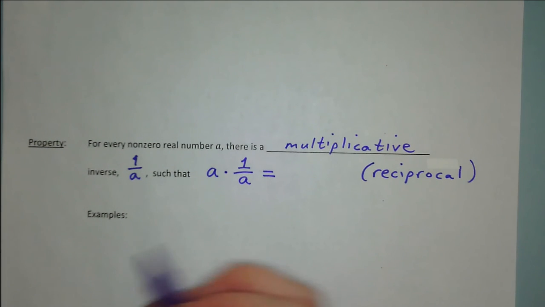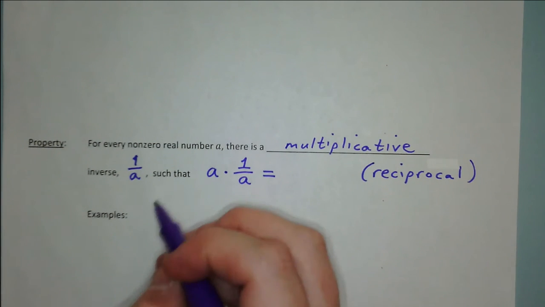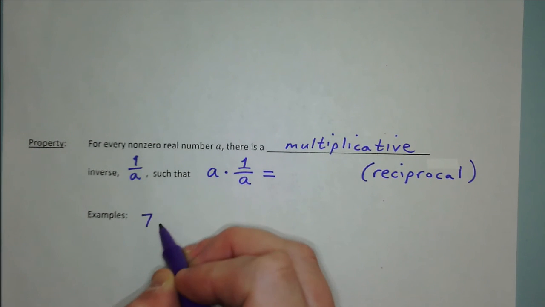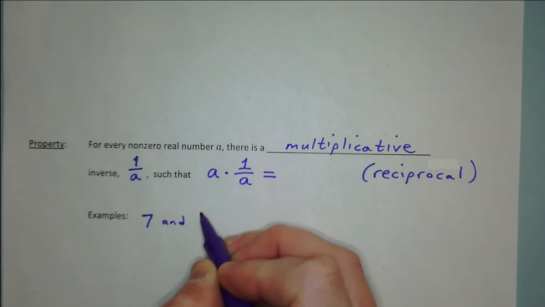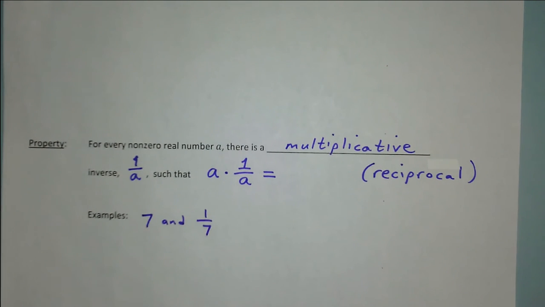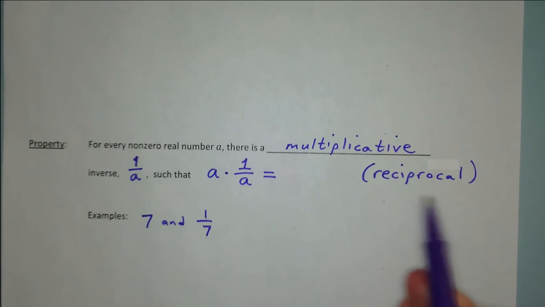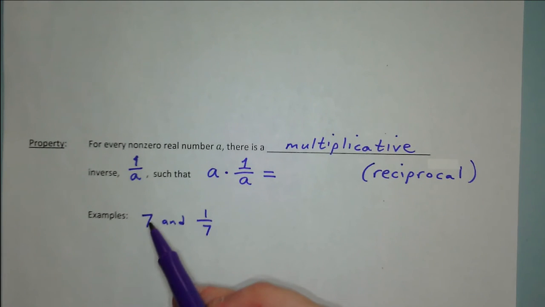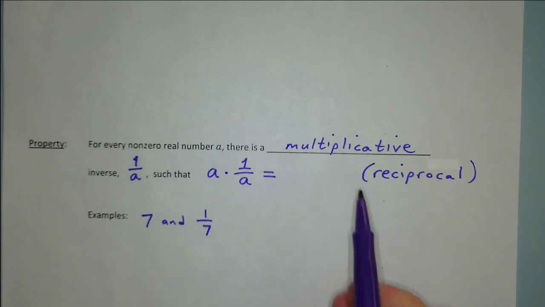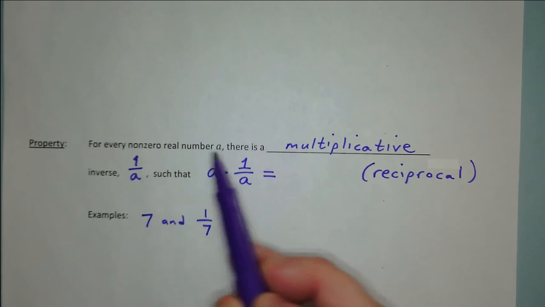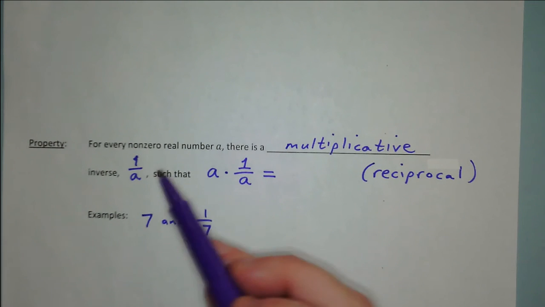Like you'll see here in these examples, 7 and 1/7 are reciprocals, okay? They are multiplicative inverses. But again, I like the word reciprocal. So 7 and 1/7, like a and 1 over a, is a very general, textbook-like definition.